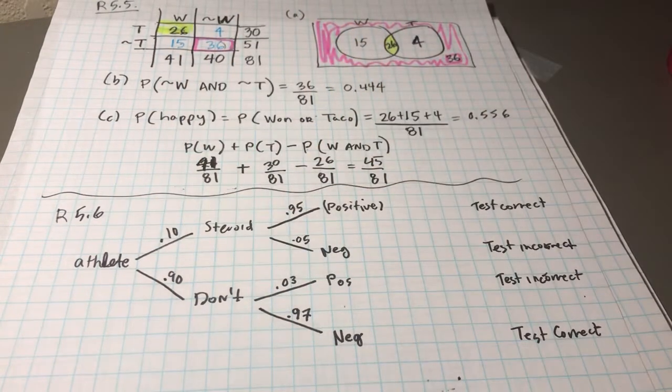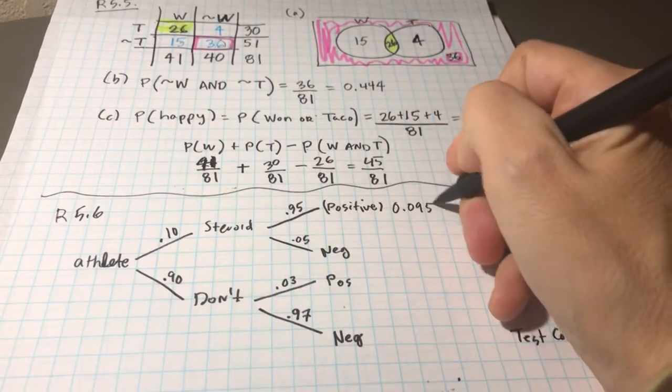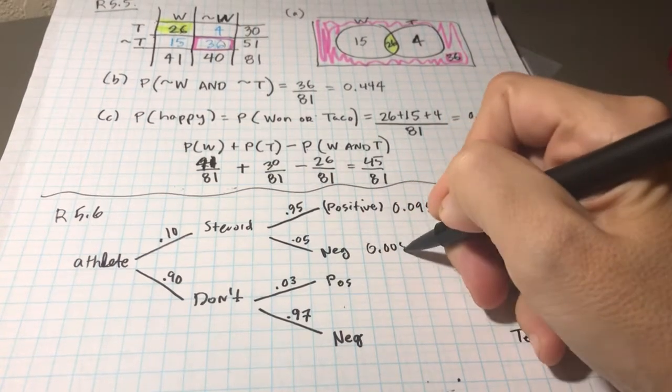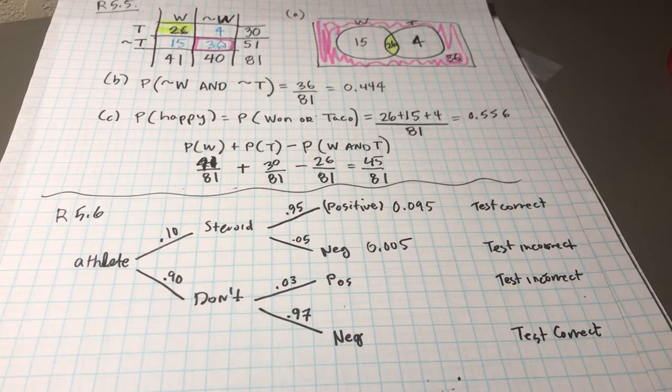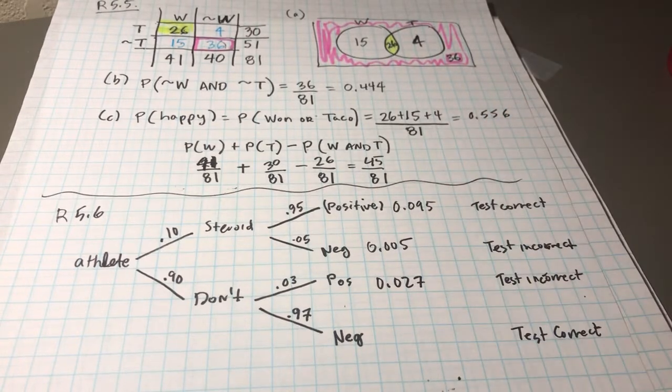We're just gonna multiply through here. So we take 0.1 times 0.95, and 0.9 times 0.97.